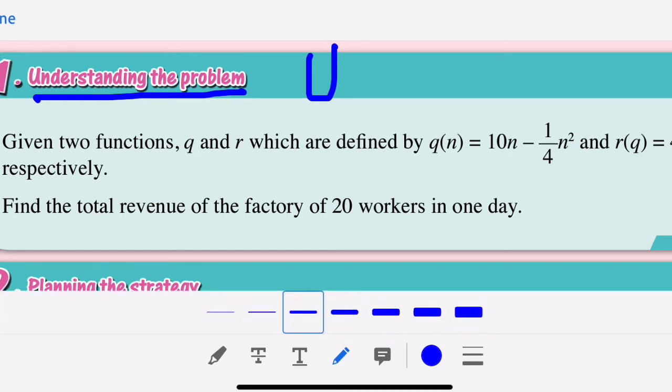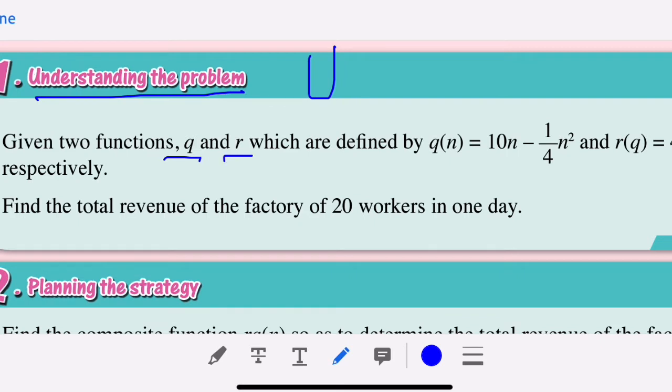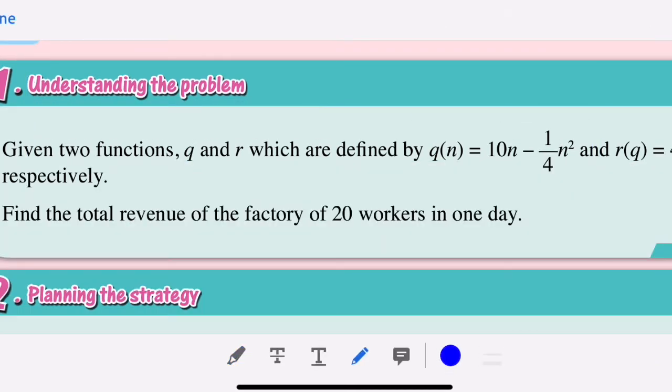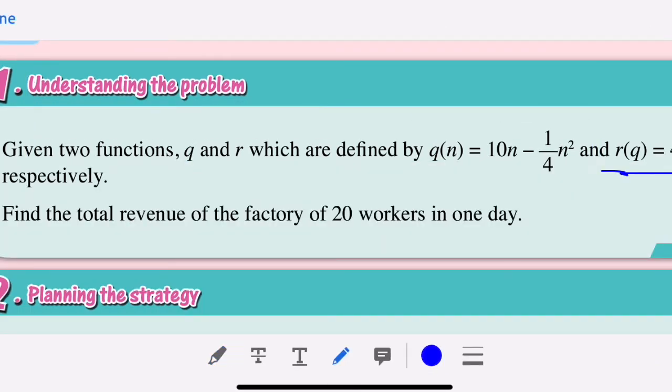Just now when you read, there is function Q and function R. Q(n) is 10n minus 1 over 4 n squared, and the other function is the revenue. Just now, the production and revenue respectively.